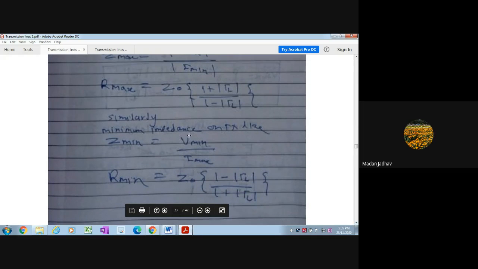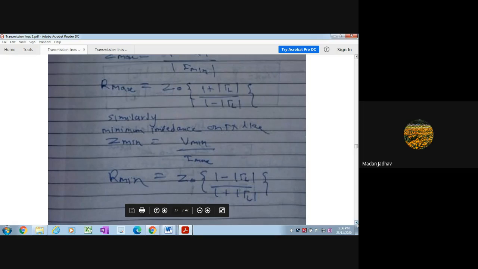Whenever the voltage is minimum and the current is maximum, at that location you will get the minimum impedance, and this is given by this equation. If you know the reflection coefficient at the load and the characteristic impedance, you can find out the R minimum along the transmission line. You can also find out the R max, which is a real value, not having an imaginary part.